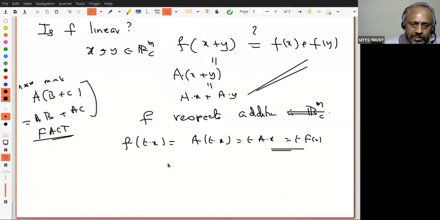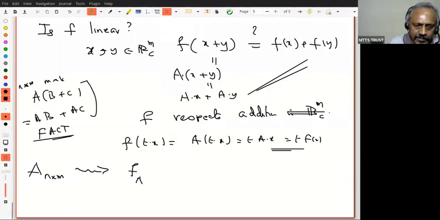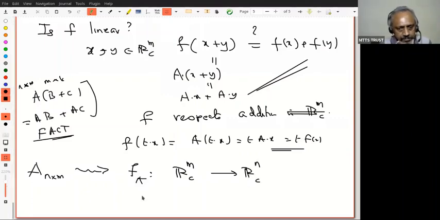Therefore, what have we shown now? Give me any n cross m matrix, it gives rise to a linear map FA from the column space to the column space. Okay, this is a linear map.